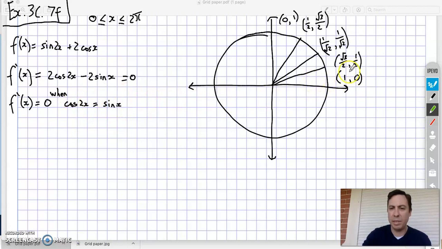But if I go to the next point, think of pi on 6. This little angle in here, it's pi on 6. And if I made my x pi on 6, the sine would equal a half, right? Then I go over to this part of the equation. Pi on 6 times 2 is 2 pi on 6.